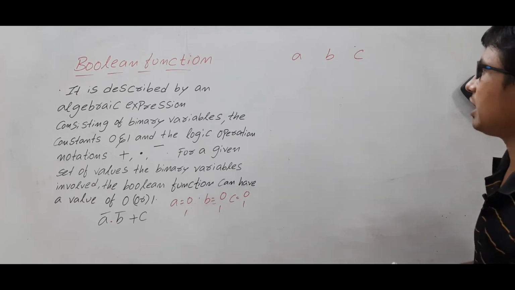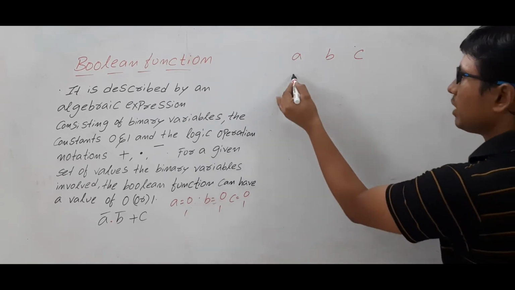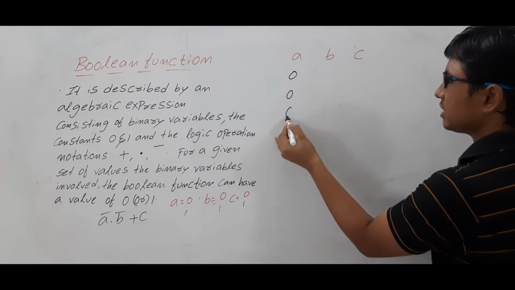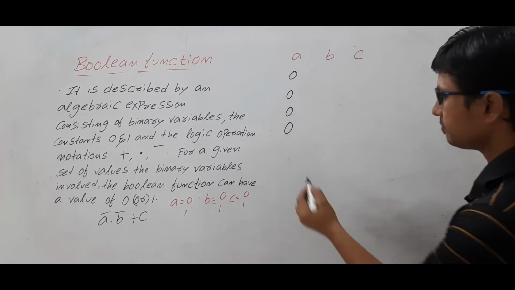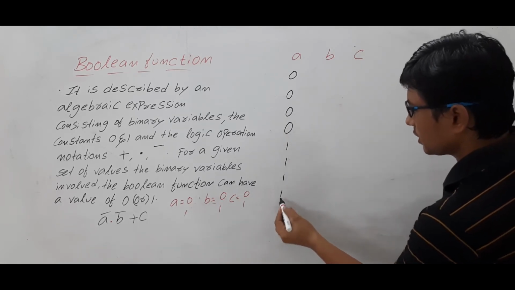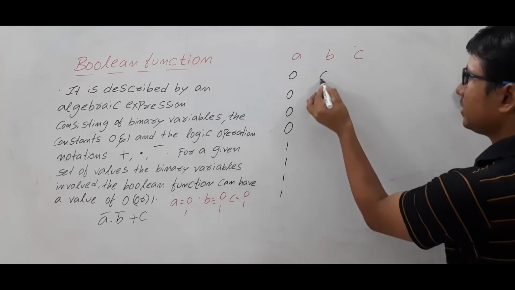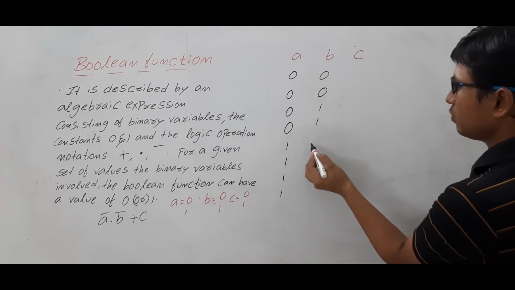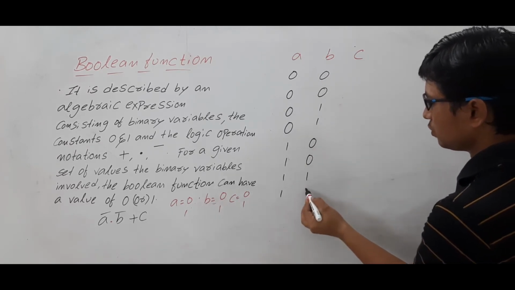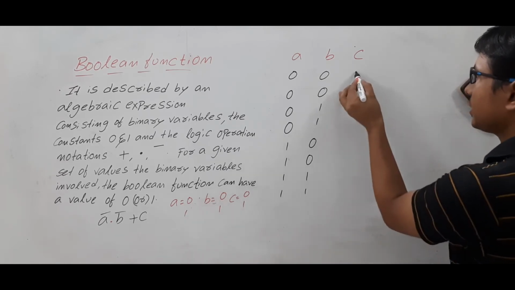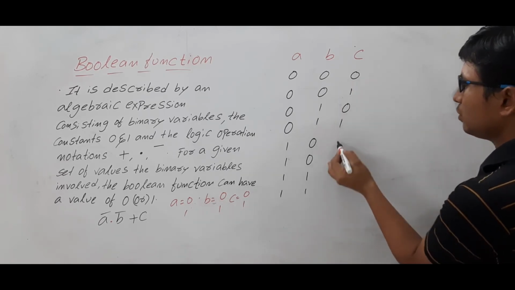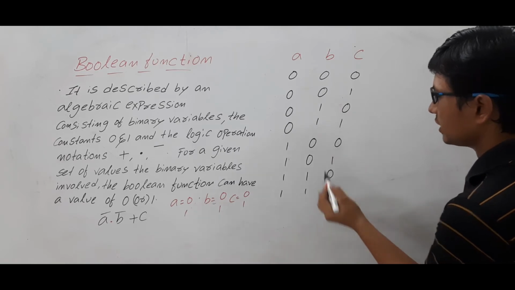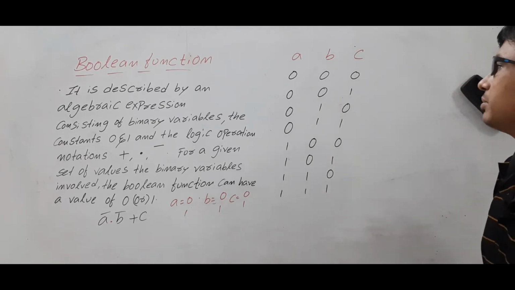So if I have A, B, C, what are the values I can give? 8 combinations I will get. And then here I will have 0, 1, 1, 0, 0, 1, 1. You can write 0, 1, 0, 1, 0, 1, 0, 1. This is one way you can remember it.